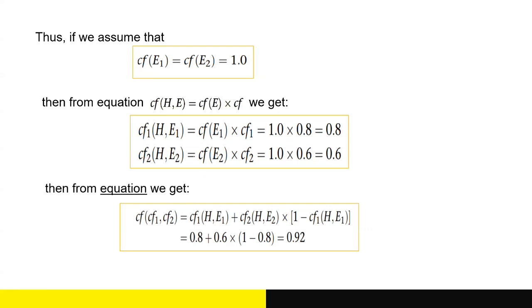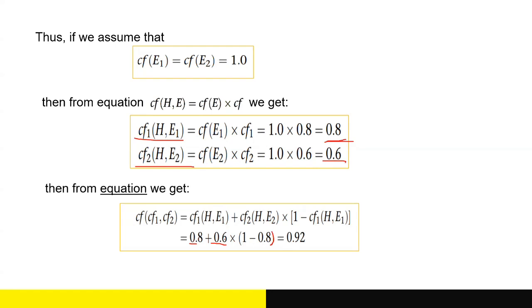So 0.8. And then certainty factor 2 of hypothesis given evidence 2 is equal to 0.6. So then from the equation, gagamitin po natin yung first equation kasi po both positive po yung two evidences. So the certainty factor of the combined evidence is equal to certainty factor 1 of hypothesis given evidence 1, which is 0.8, plus certainty factor 2 of hypothesis given evidence 2, which is 0.6, multiplied by 1 minus certainty factor 1 of hypothesis given evidence 1, which is 0.8.